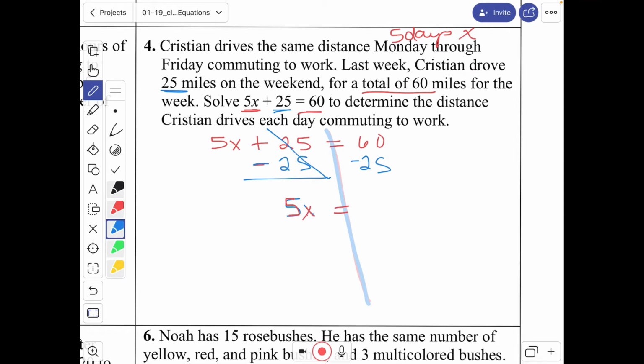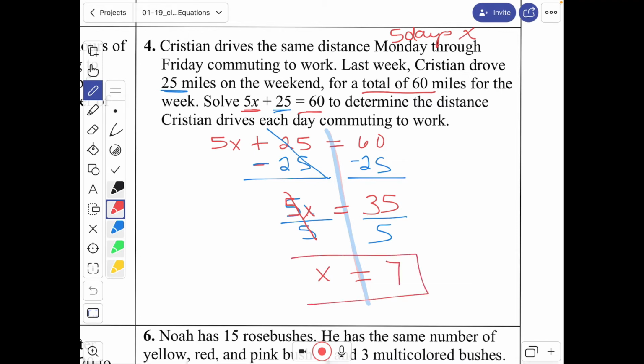And on the other side, 60 minus 25 is 35. And then we're just left with 5 times x, and we want to do the opposite, which would be divide by 5. 5 divided by 5 would make just 1, and 1x is just x. And 35 divided by 5 is 7.